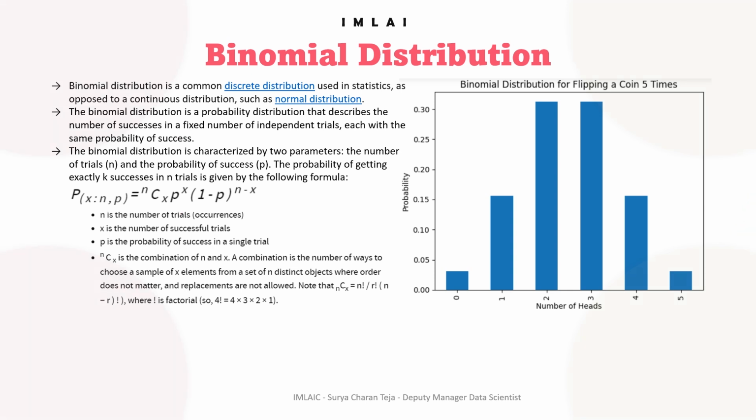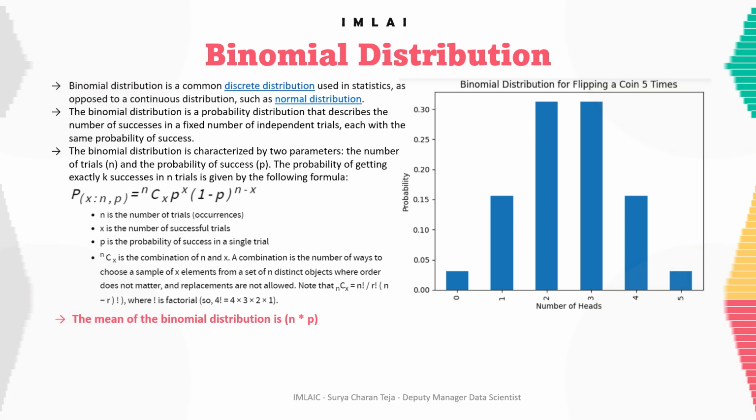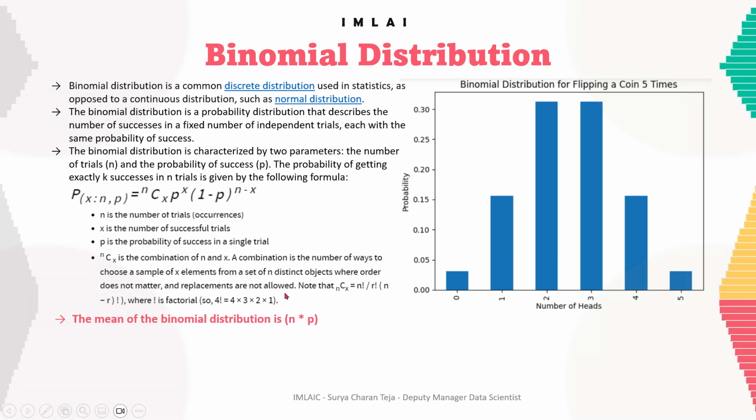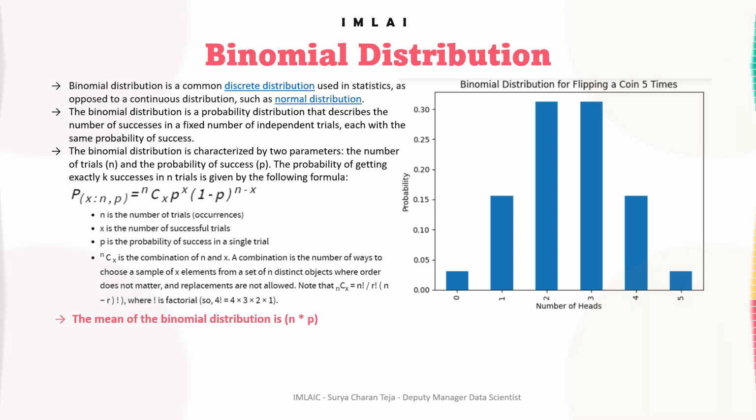So now let's move ahead. The mean of the binomial distribution is n times p. Remember this: the number of trials times the probability of success. We will prove this, not to worry about that.